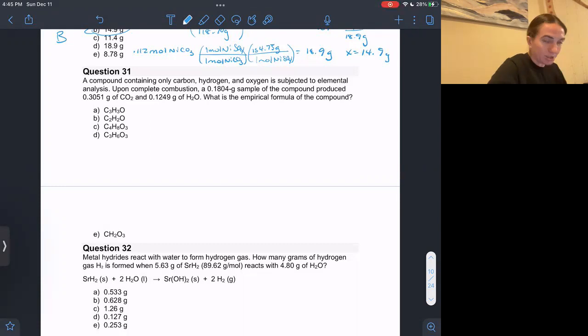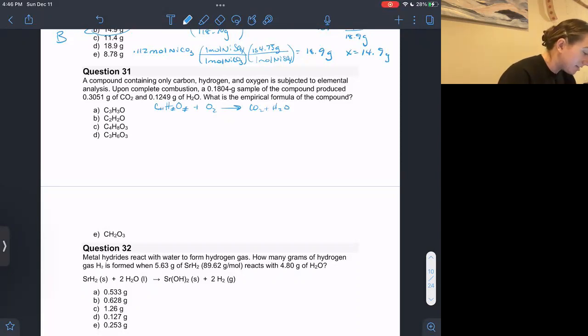I usually draw a little fake reaction, or I guess incomplete reaction, because I don't know what my numbers are yet. But I know that a combustion analysis will always include the element you're combusting, some oxygen, producing CO2 and H2O. So I just write that so I know what's going on.